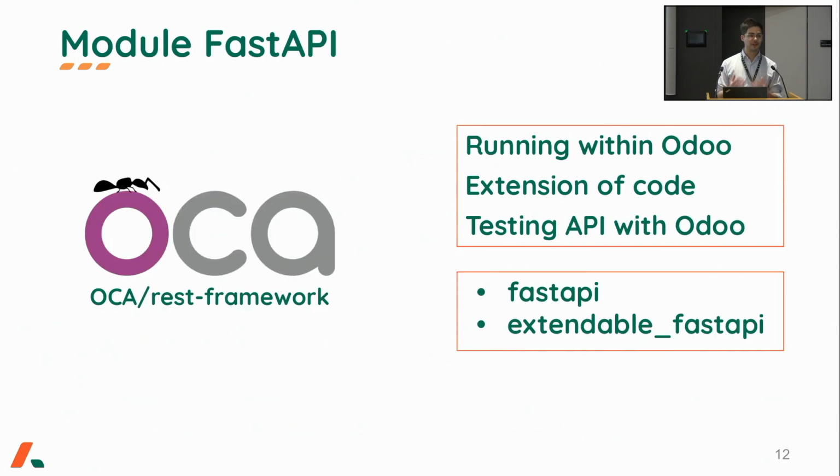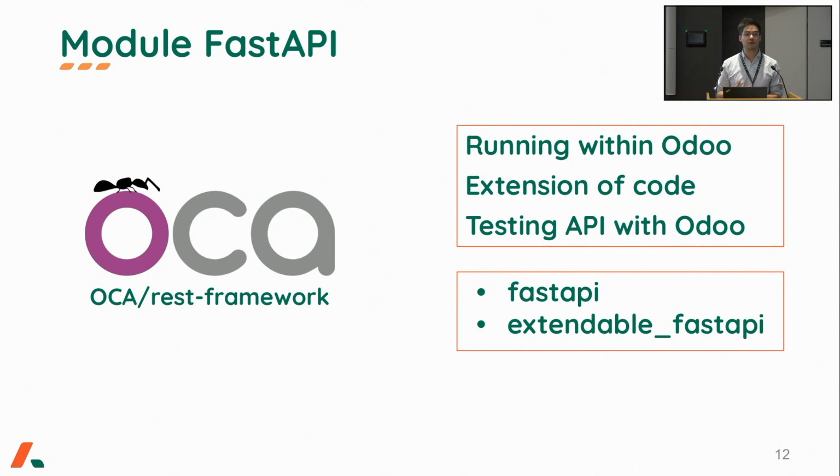So now let's dive into the real subject of my presentation, the new module FastAPI that is present on the repository REST framework. The module FastAPI is running within Odoo. It offers you the definition of API using FastAPI.